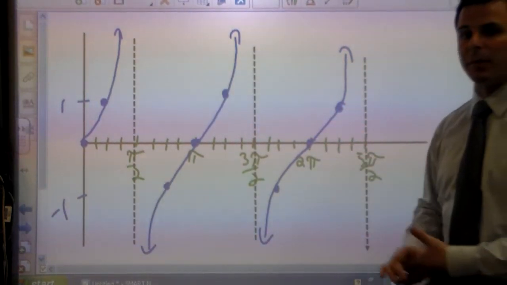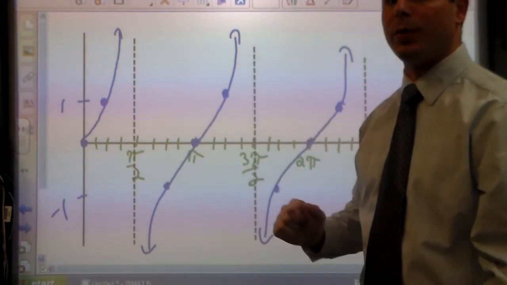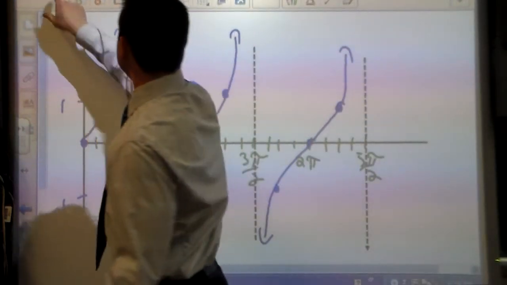Okay, now let's graph from negative 2 pi to 2 pi to show you what I mean.